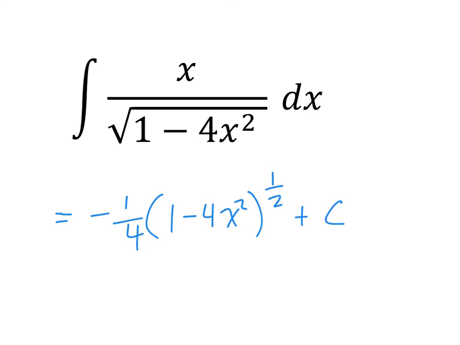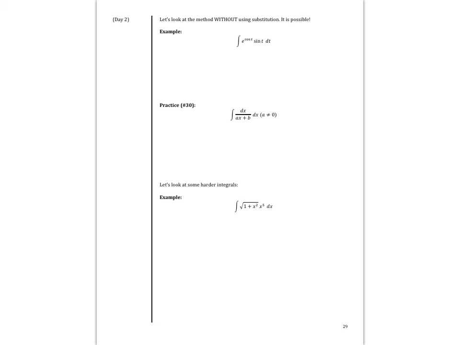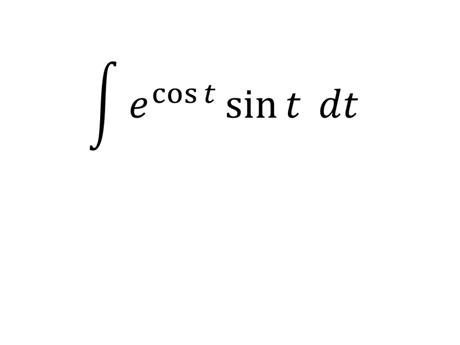The next one is not too hard. You just have to figure out which part is u. You guys almost done copying? Almost. All right, this one. The answer is -e to the cosine t plus c.